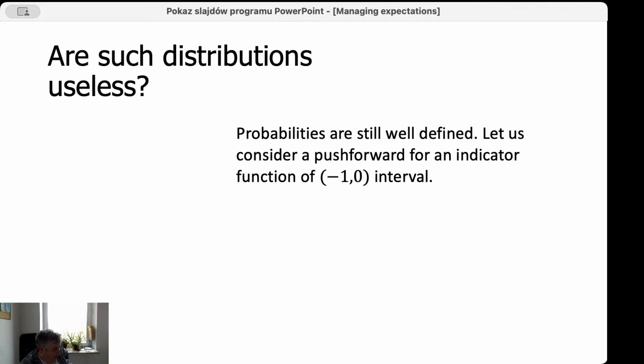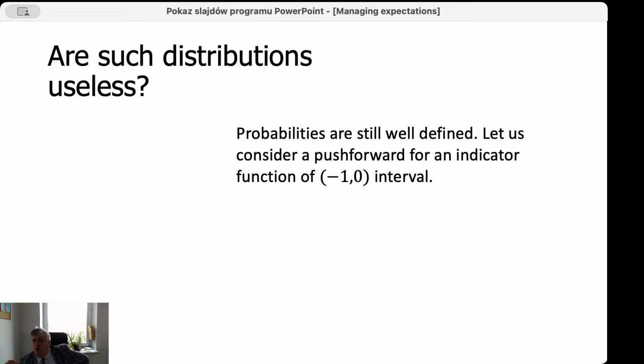But that doesn't mean that those distributions are useless. Those distributions are actually very useful if we consider probabilities, for example, or other functions, as long as they exist.